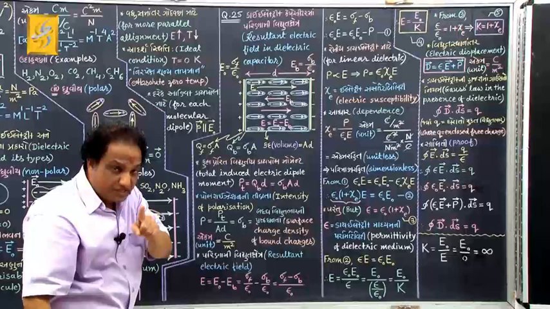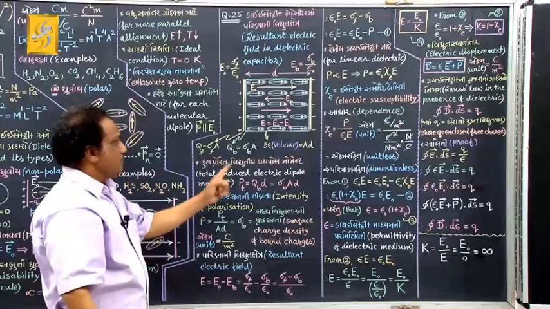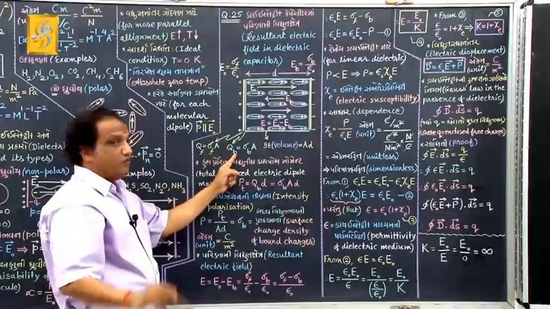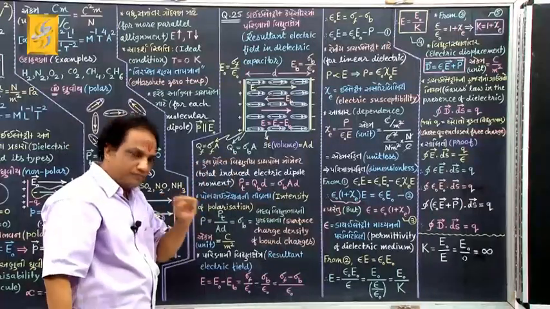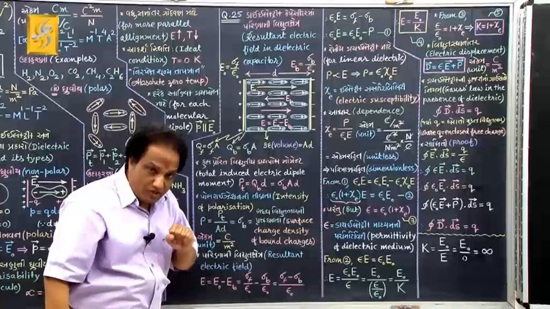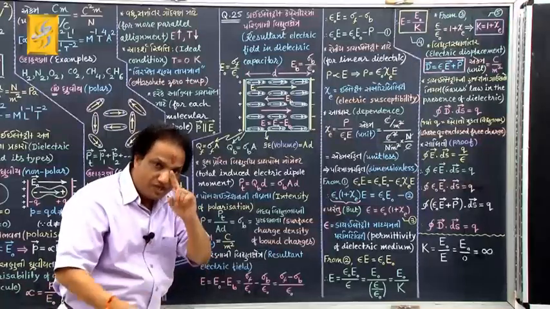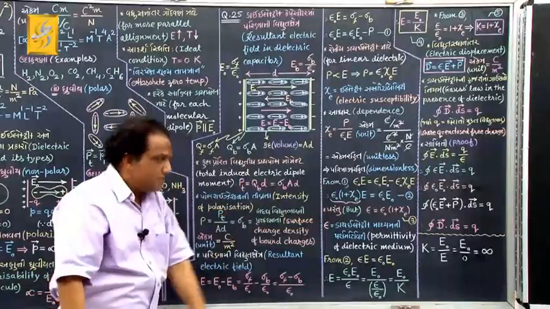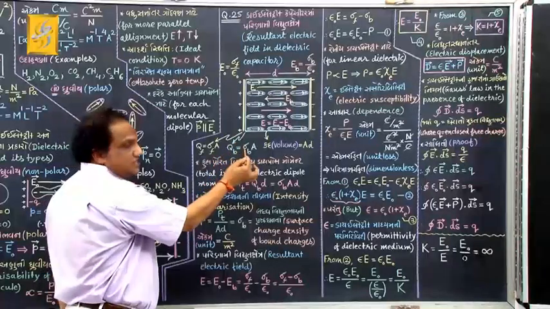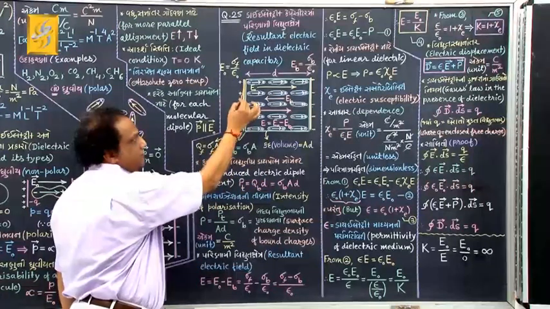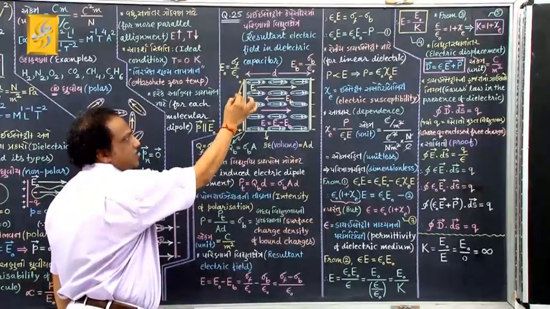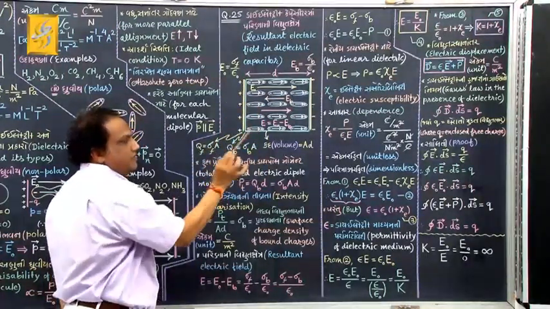They are not free charges, they are bound charges. That's why I am writing the symbol QB, B for bound, F for free. Surface charge density for bound charges I show by the symbol sigma B, into area. The area of this face is the same as the area of this plate. Let it be capital A.